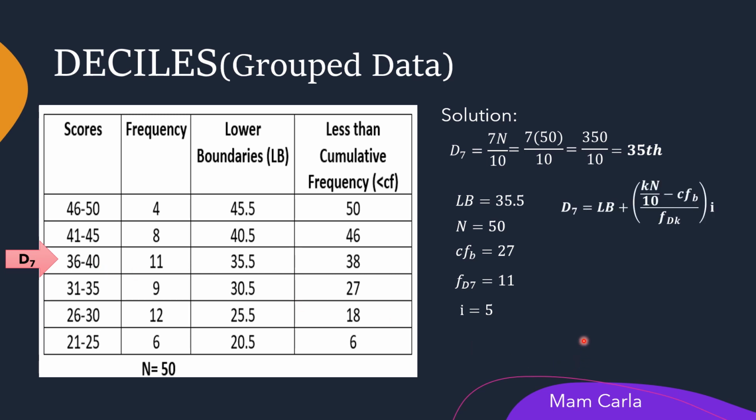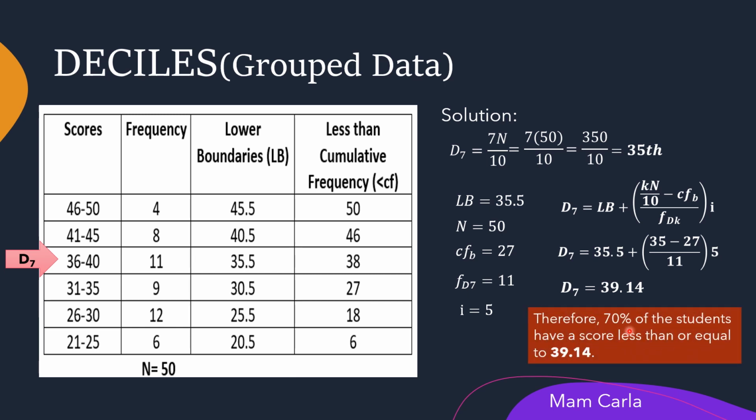Applying the formula, we just need to substitute all the values. So we have 35.5 plus the quantity of 35 minus 27 over 11, times 5. We work on the parentheses first, 35 minus 27, and then divide by 11, and then multiply by 5, and then add 35.5, and it will give us 39.14.